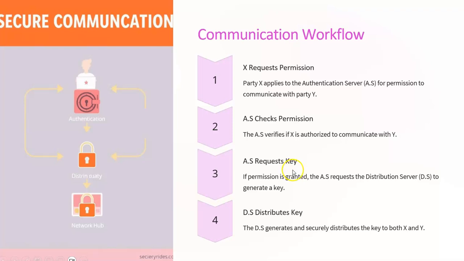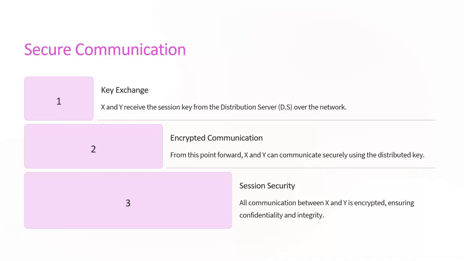After checking for authorization, the authentication server requests the distribution server to generate a key. The distribution server generates a key and gives it to both X and Y. Now X and Y start communicating. After receiving the keys, they start communication. So this is the workflow of the authentication server and the distribution server.